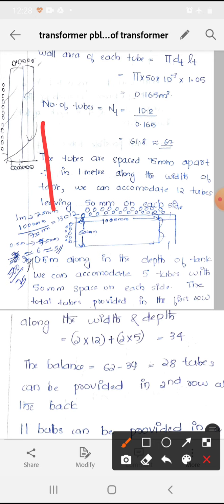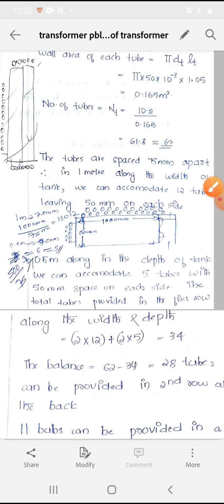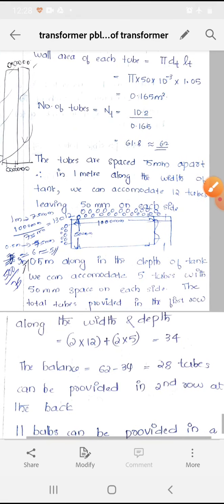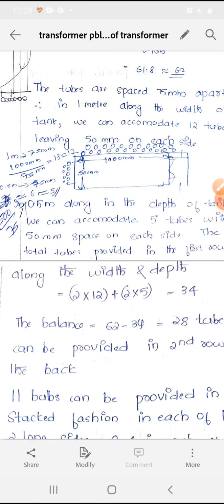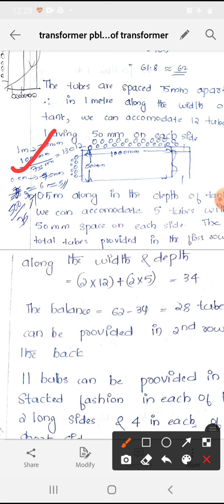We need to place all the tubes over here on the 4 sides. Before placing the tubes, first we need to leave the clearance level on each side. Before placing, we need to know how many tubes should be placed lengthwise and breadthwise. Lengthwise, it is 1000 divided by the space of each tube, that is 75 mm, which gives 13.